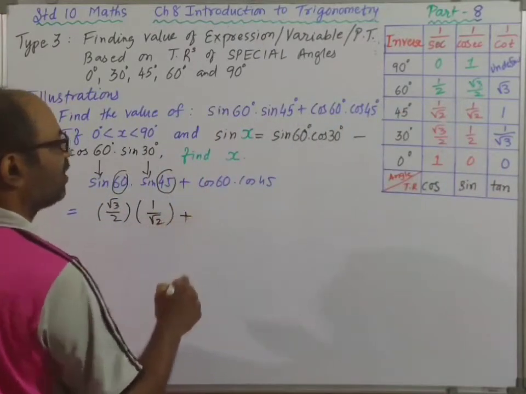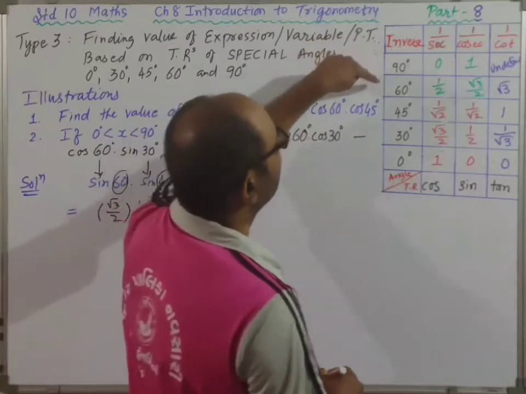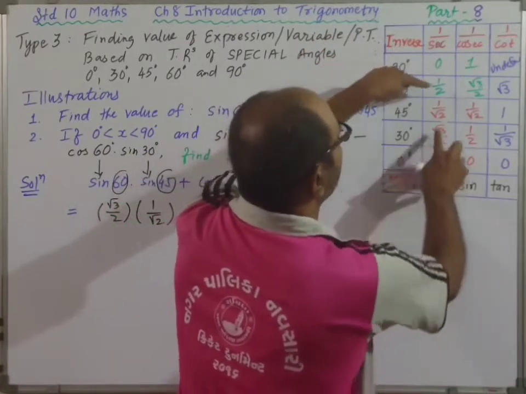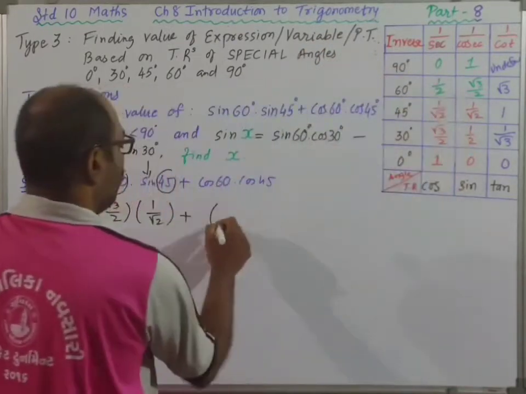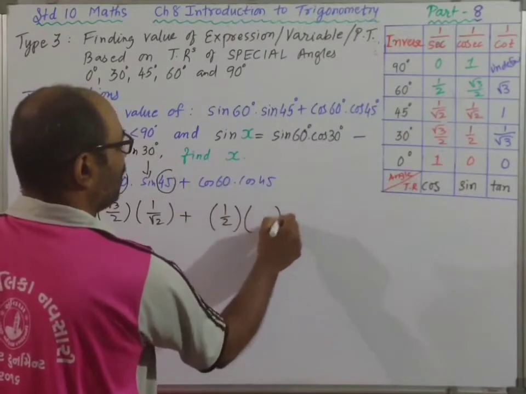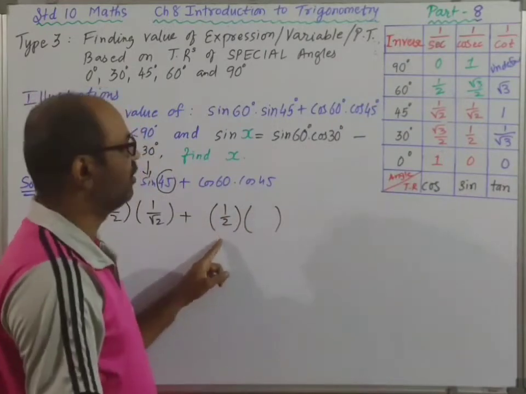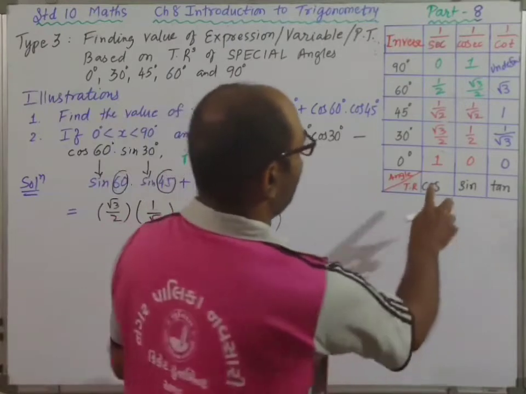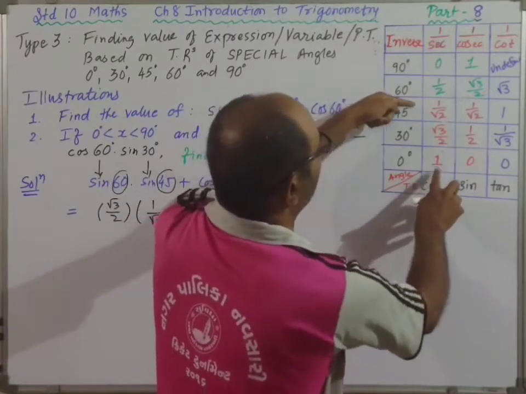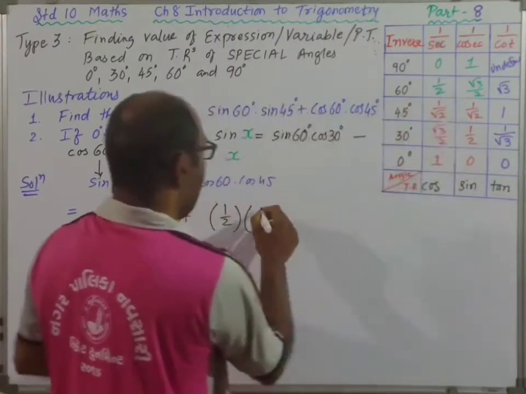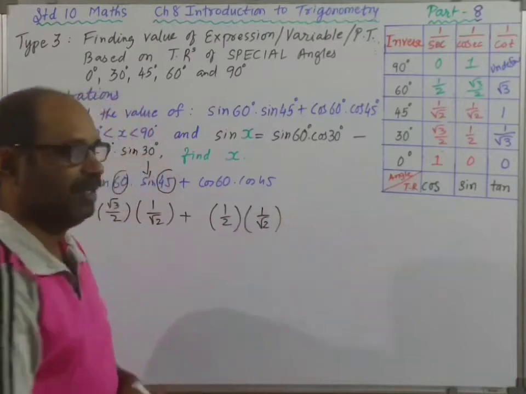Plus cos 60, that is 1 upon 2. Use brackets. Sometimes it's not required, but use it. Cos 45, the middle value, that is 1 upon root 2.